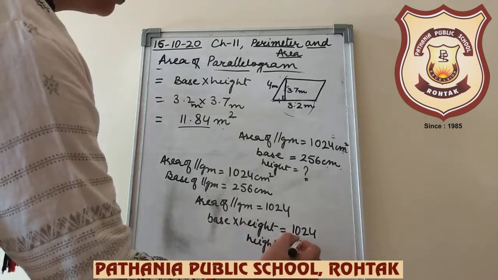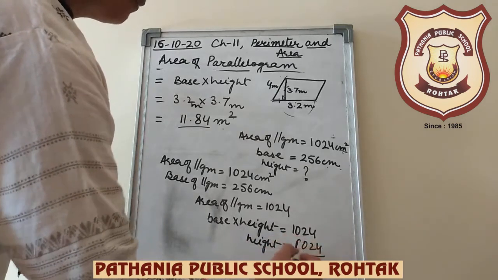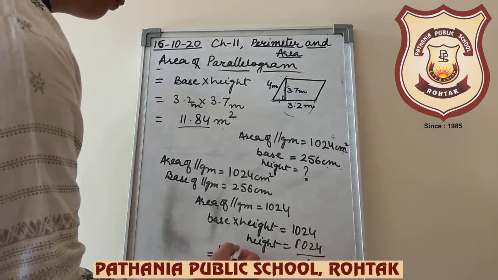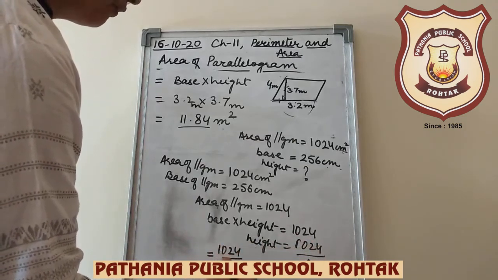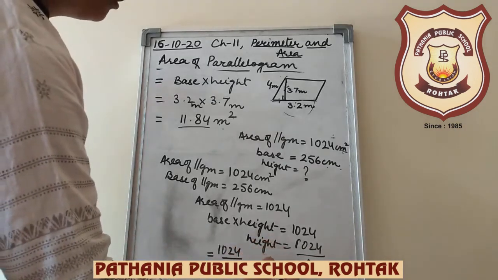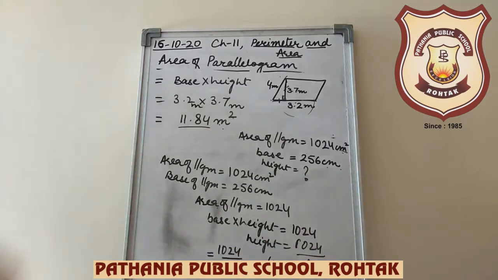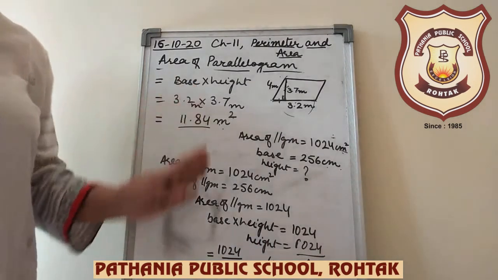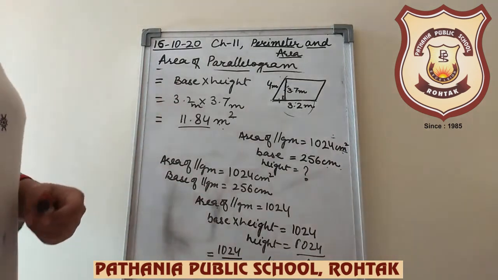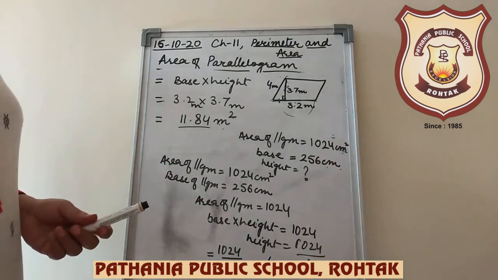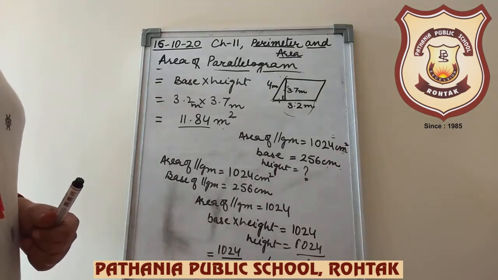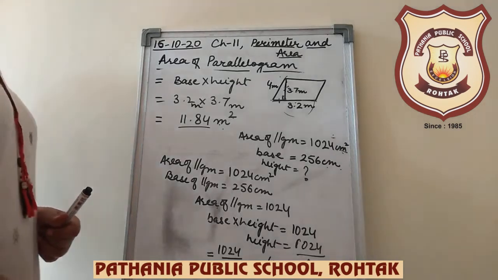So height is equal to 1024 upon base, and what is base? 1024 upon 256, which is going to be equal to 4 centimeter. Clear? So in this manner you are going to calculate the area of the parallelogram. Clear? So this is regarding the area of the parallelogram.